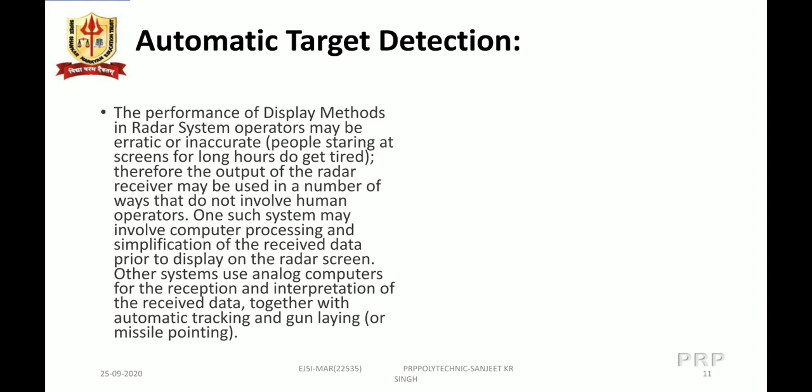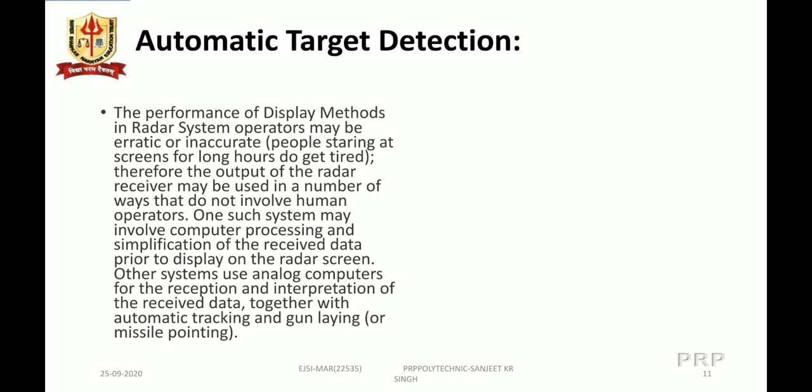Now, automatic target detection. The performance of display methods with radar system operators may be erratic or inaccurate, since people staring at the screens for long hours do get tired. Therefore the output of the radar receiver may be used in a number of ways that do not involve human operators.